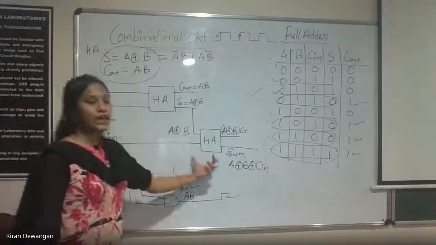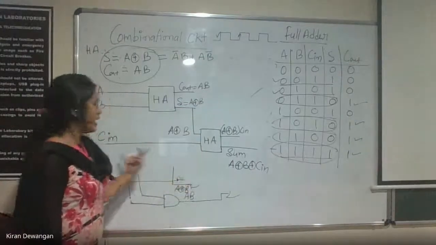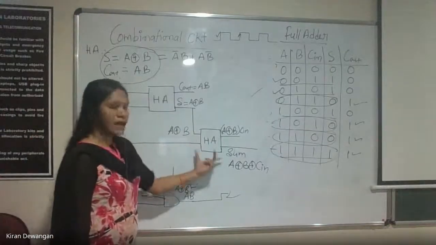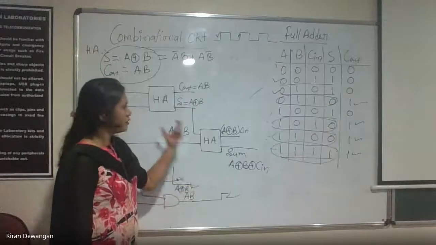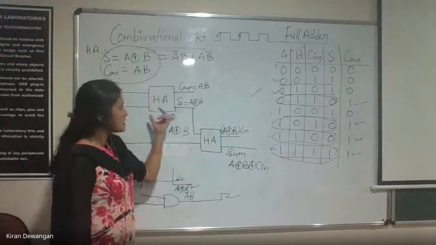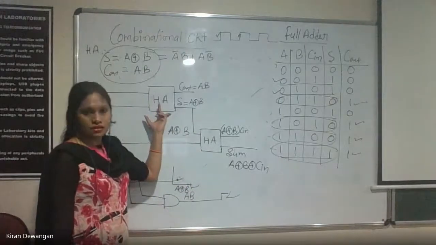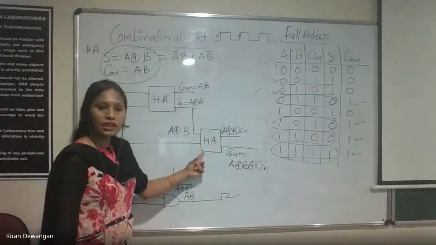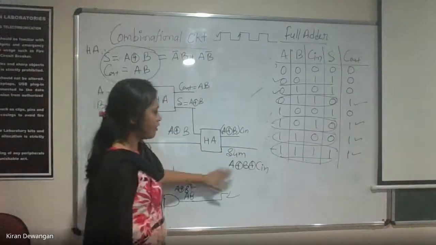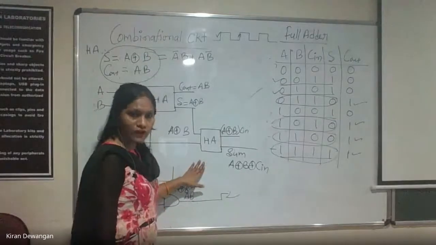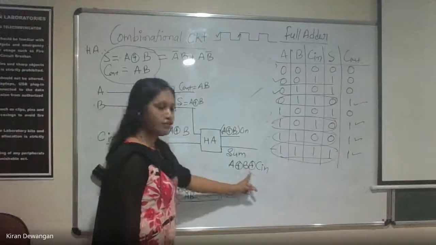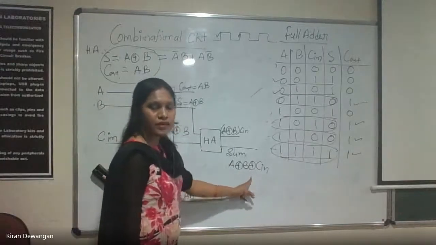Now I've taken another half adder here, and I've taken the third input. The third input is given to the second half adder along with the sum output of the first half adder. इसका जो output था, this is given as an input to the second half adder. Now I have two outputs of this half adder. Second half adder का दो output होगा. This is my first output sum. Sum क्या था?